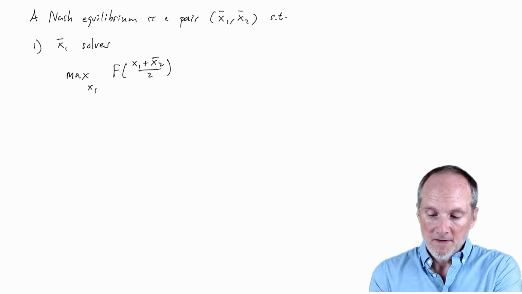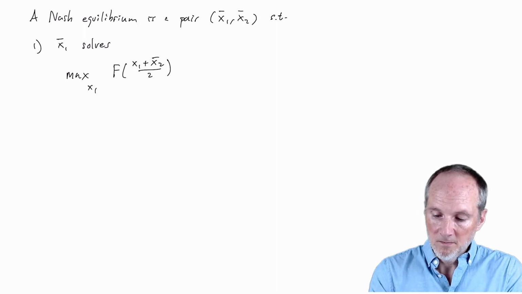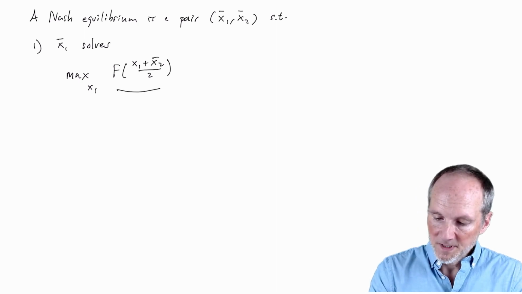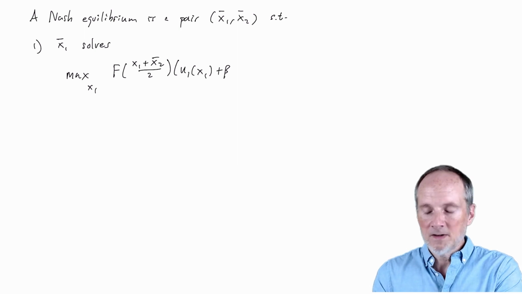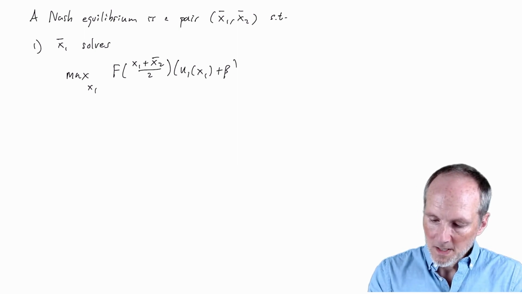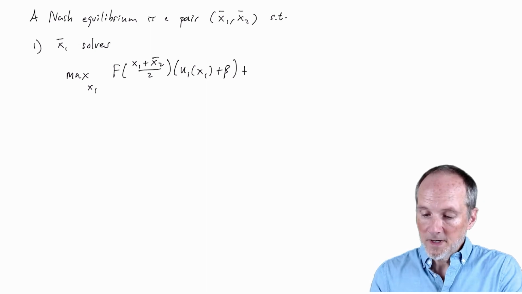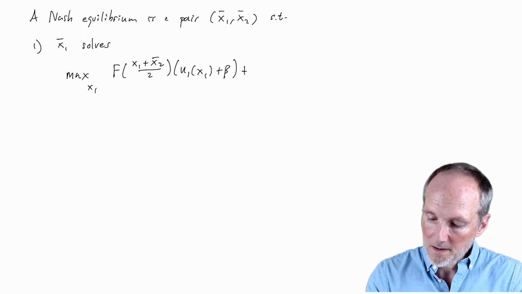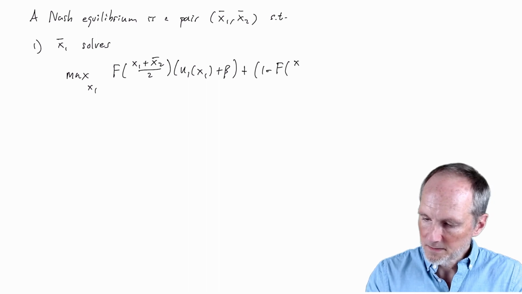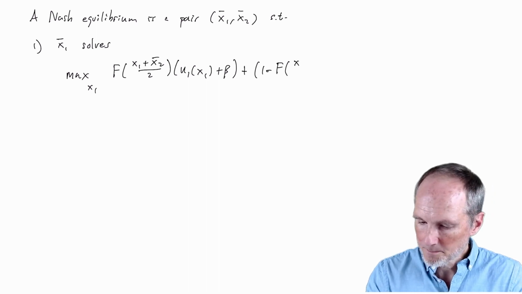Well, there's the event that the voter chooses x1, which has this probability here, in which case politician 1 gets the utility from their proposal plus whatever that extra is for just having your proposal accepted. And then there's the complementary event that the voter chooses x2, or 2's policy, the probability of which is 1 minus this. And I forgot my V naught, which is going to disappear soon anyway, but I better put it in.